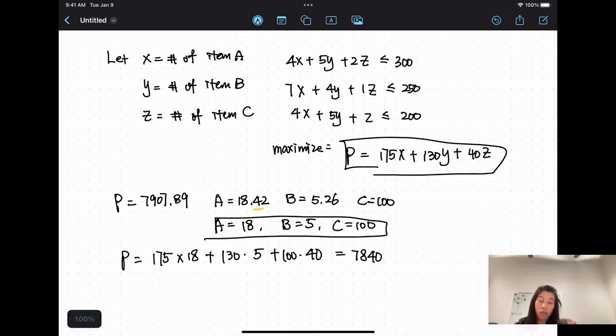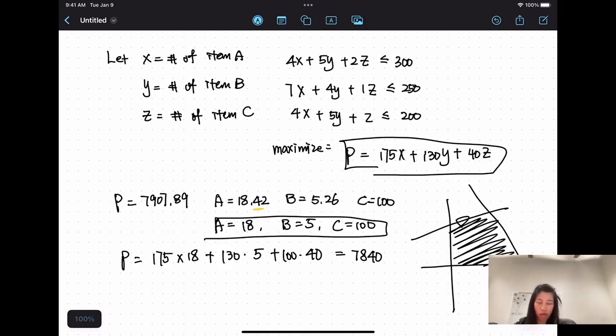So we always want to keep this in a feasible region. Remember, the feasible region is bounded by the constraint functions. So we always try to get the small number instead of the large number. So for this problem, we should make 18 of A product, 5 of B product, and 100 C products.